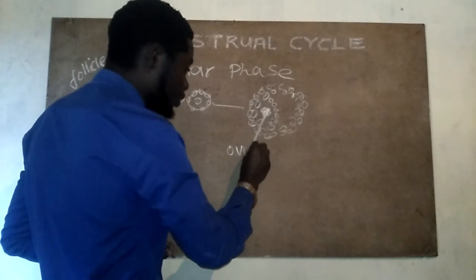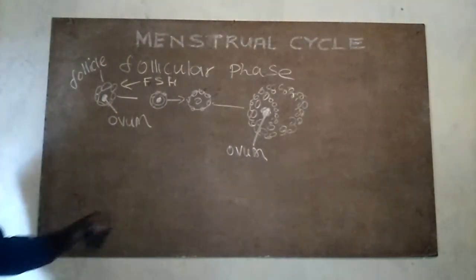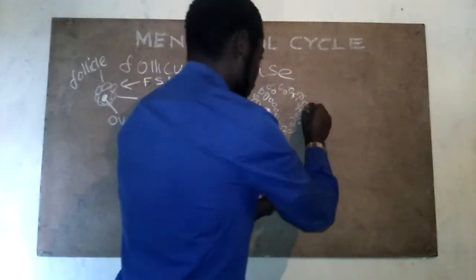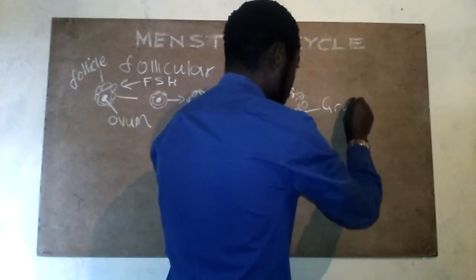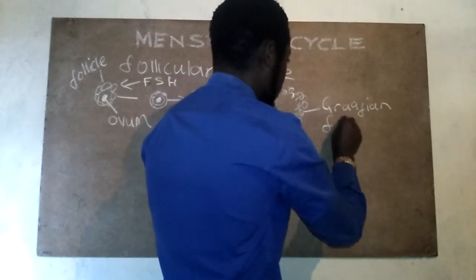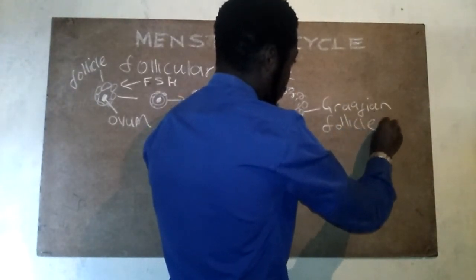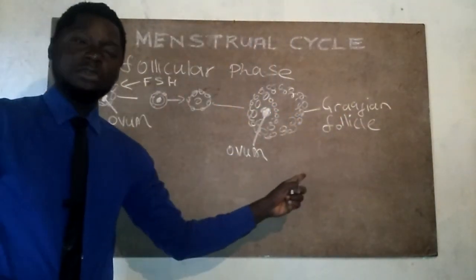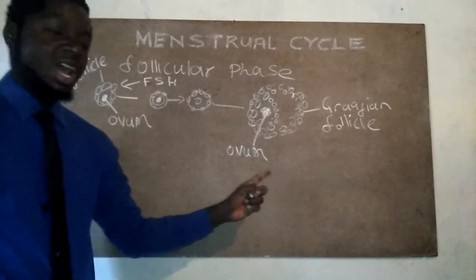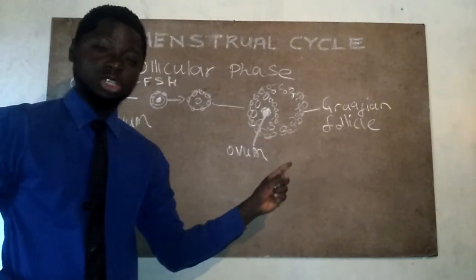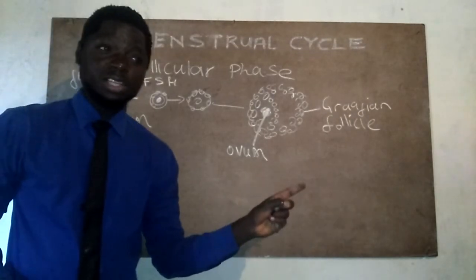But due to the influence of the follicle stimulating hormone, these will turn into the mature Graafian follicle. And it is only the mature Graafian follicle which is going to be needed.